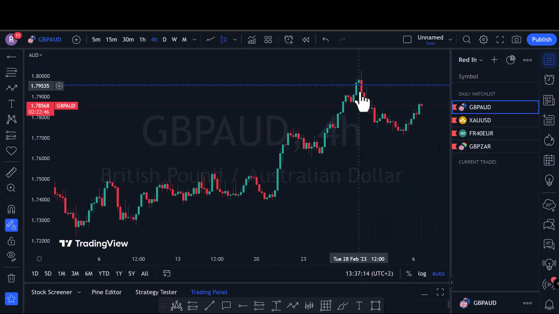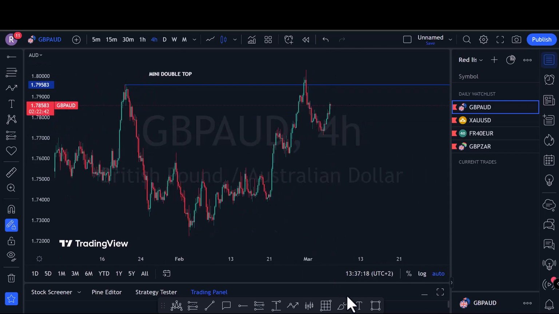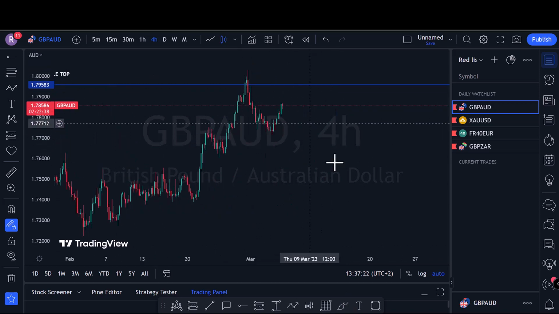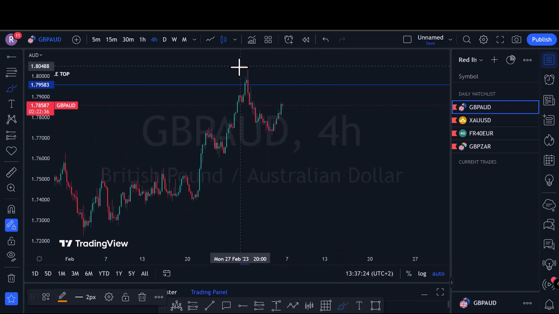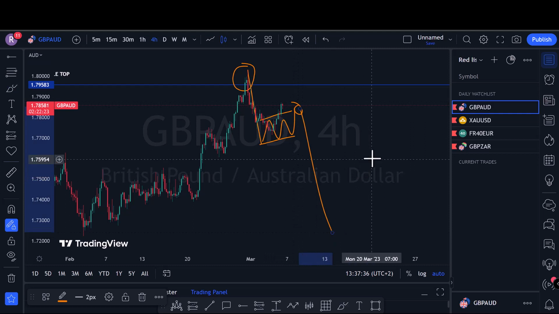What does this mean? This further confirms to us that price is really going to be shooting to the downside. And then what happened when we reached the mini double top? Price came up here, created mass psychology, and then it pushed down. So what are we going to be looking for now? We're going to be looking for continuation structures, so we can enter the market to the downside.